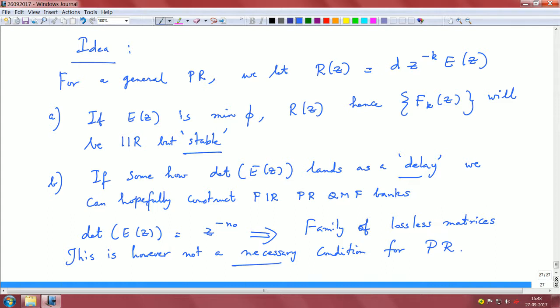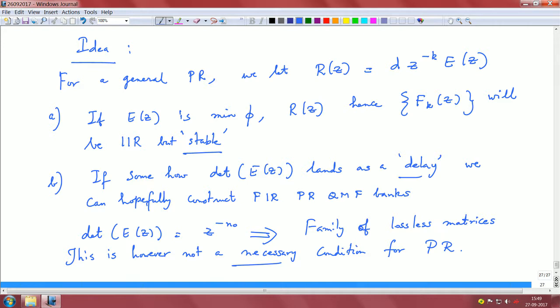Okay. So, the idea is very simple. So, R of z times E of z is P of z, and if we let P of z be some z power minus n naught, some delay, R of z is this delay with a gain with some E inverse, and the E inverse is 1 over determinant of E of z times adjoint, and if the adjoint somehow works out to be of the form of E of z itself, then you know we are home for good, right.